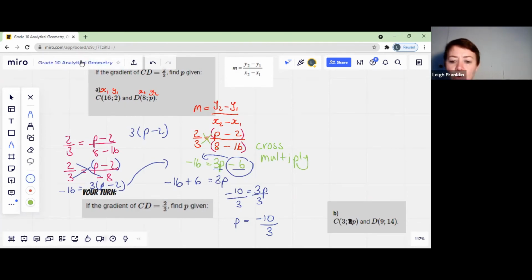Okay, so here are your coordinates. C is 3 and P. D is 9 and 14. The gradient of CD is 2/3. Just like I've done it now, please can you find the coordinate at P? Okay, so I'm going to give you 5 minutes to try that. If you've got any questions, please ask me.